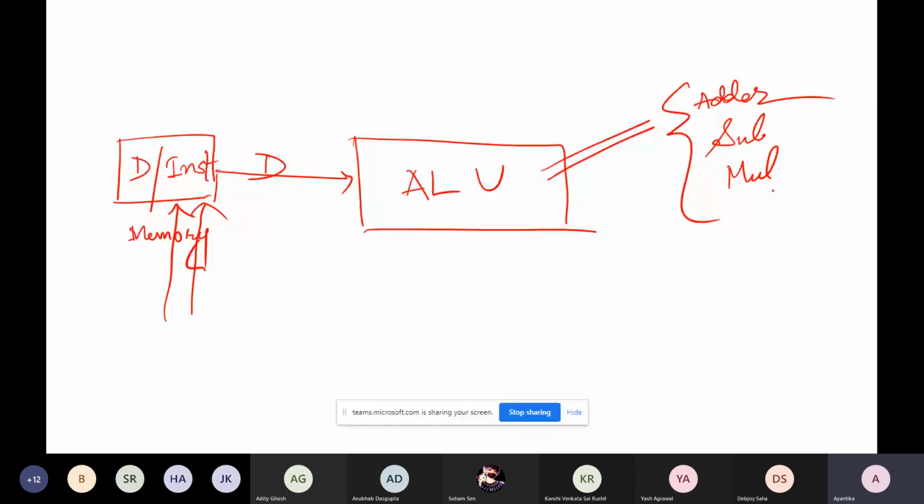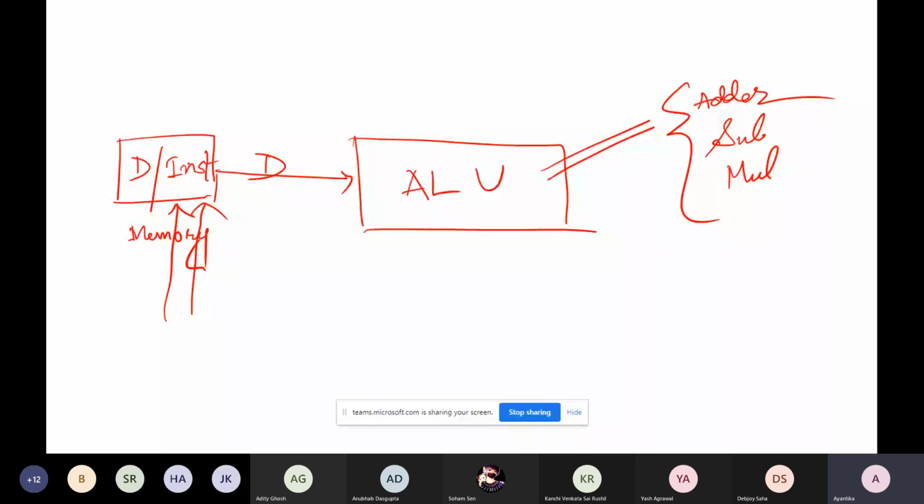That means this ALU is supporting you the basic hardware. When you give input some data from this memory block, that hardware will work accordingly and give you some output.